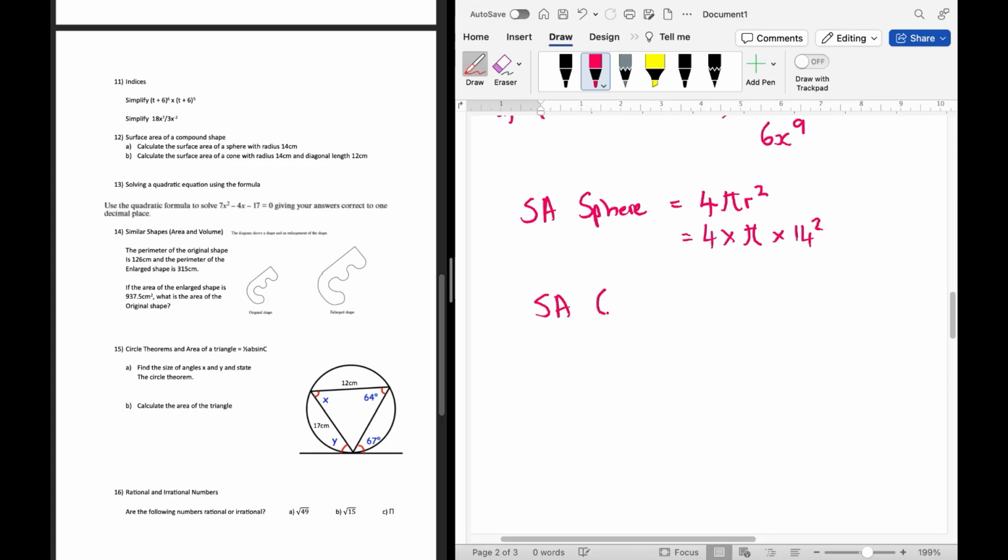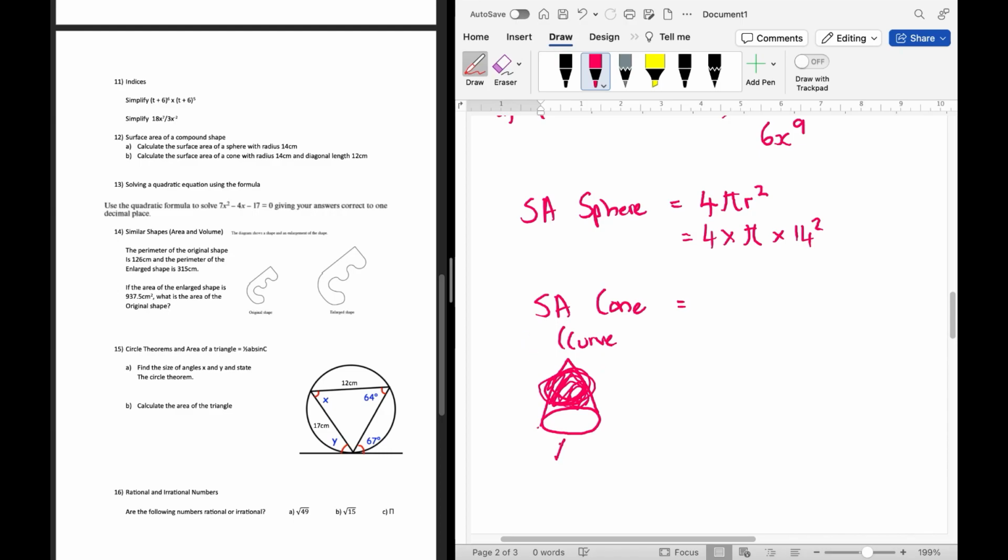The surface area of a cone, right? You will notice when you look at the formula sheet for this that the formula only does the curve of the cone. So if you ever think about a cone, what you're working out is the surface area of this bit, the curve of the cone.